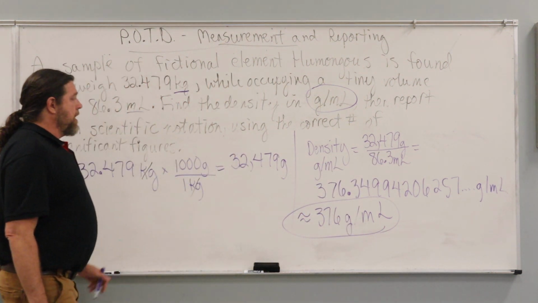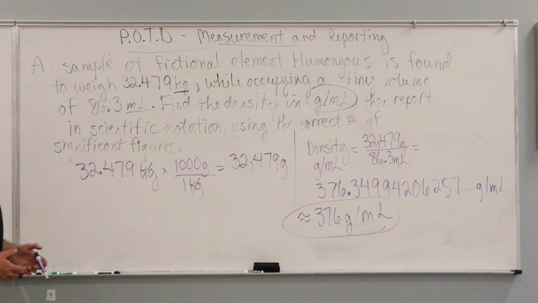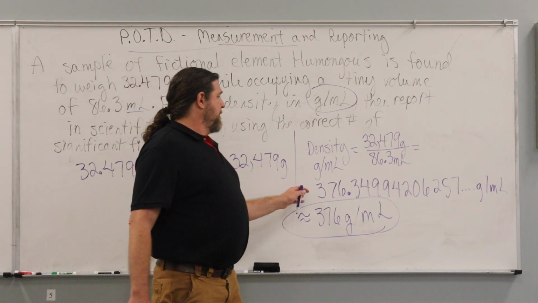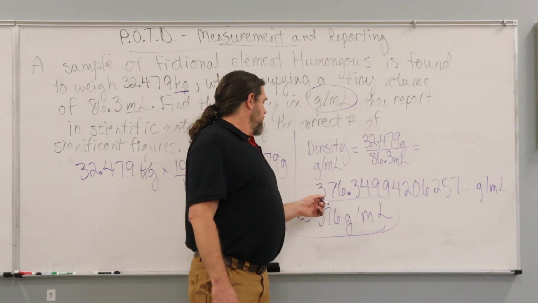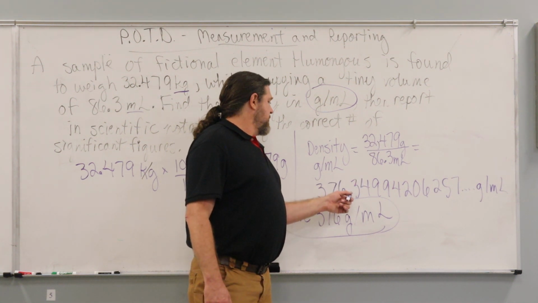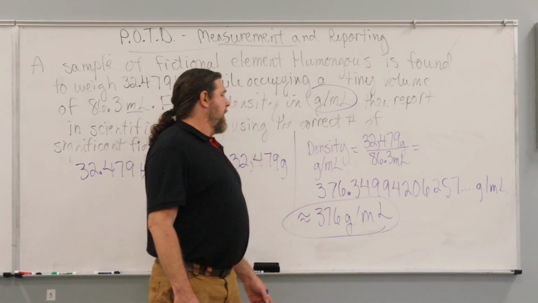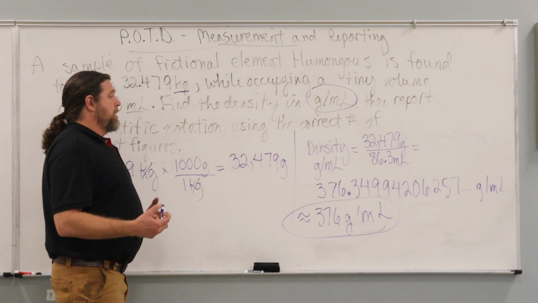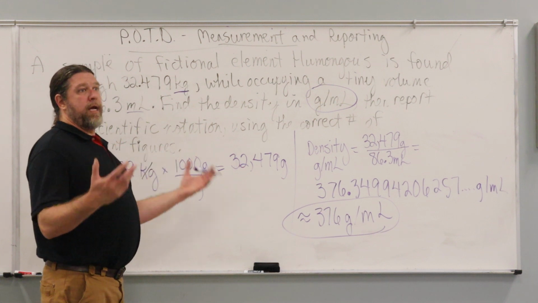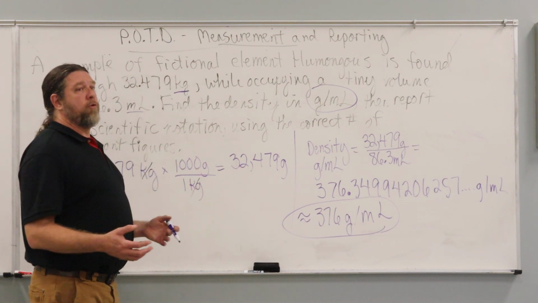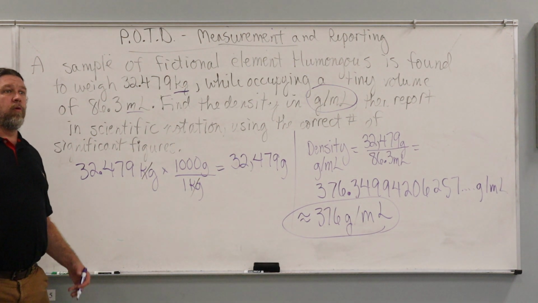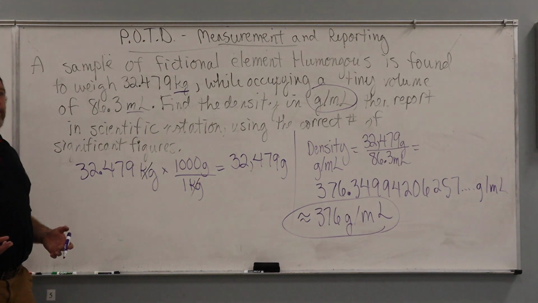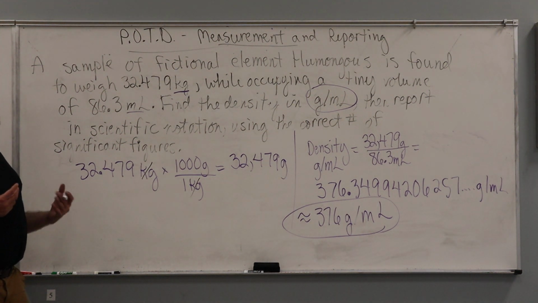And we come out with a raw value of a number that's an irrational number, it just goes on and on to infinity, 376.349942.06257. My calculator kept going on past that. That, of course, is very unrealistic because we don't have any sort of scale or graduated cylinder that's measuring to those levels of accuracy.